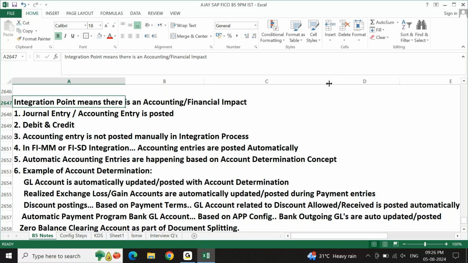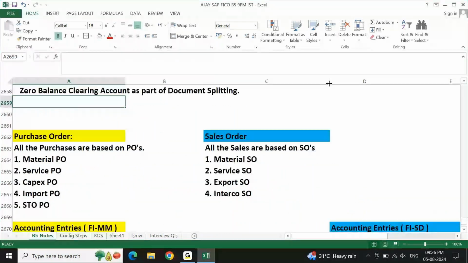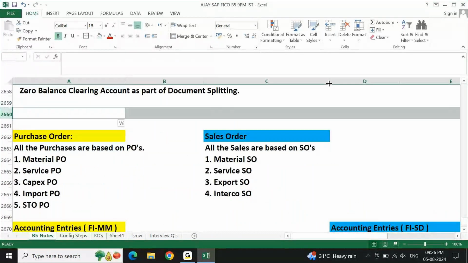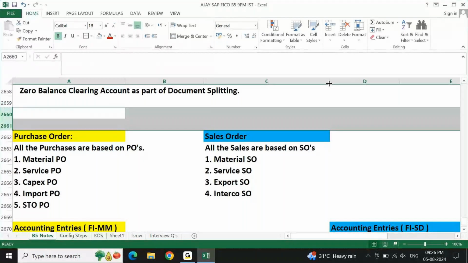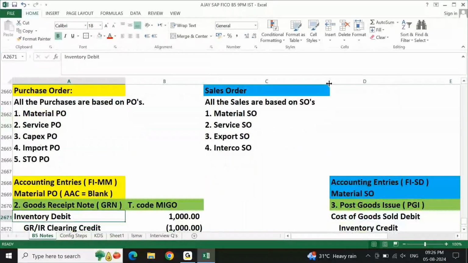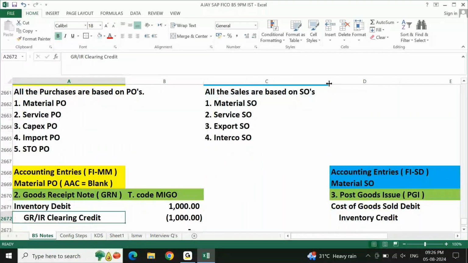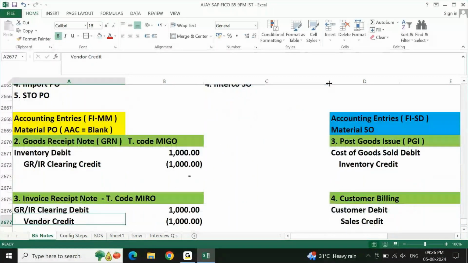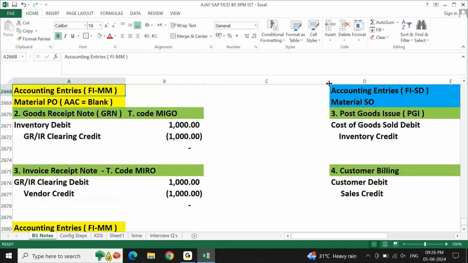I have written down only the points that you cannot skip. These points you must know, and once you are aware of these points, it is practically possible for you to understand how integration works in SAP, how FIMM integration works, how FISD integration works, what are the accounting entries. These alone you remember.